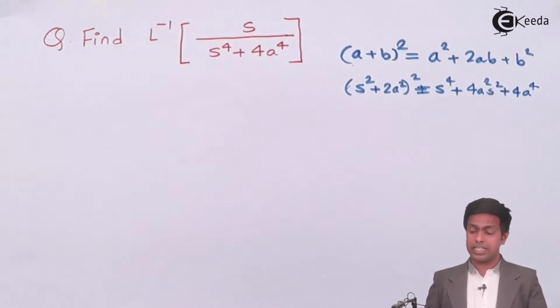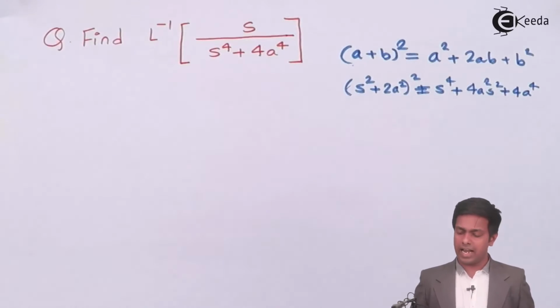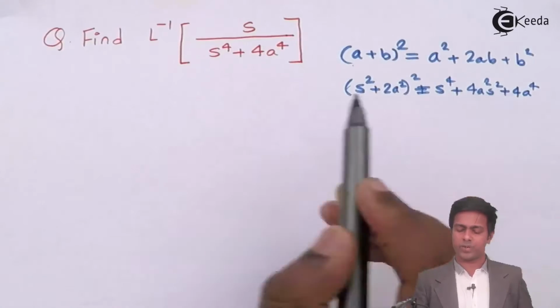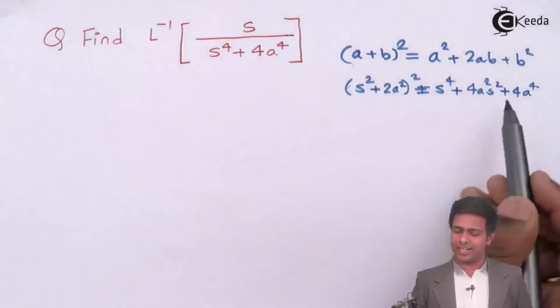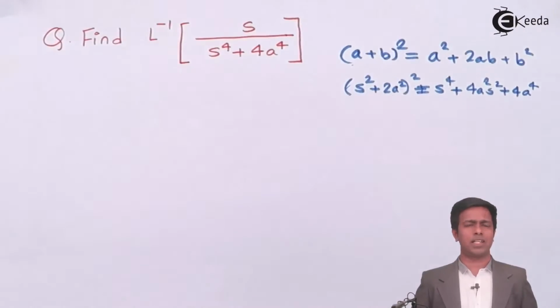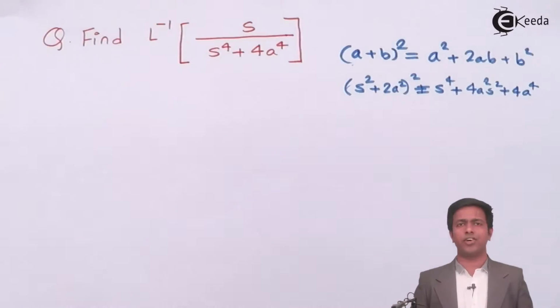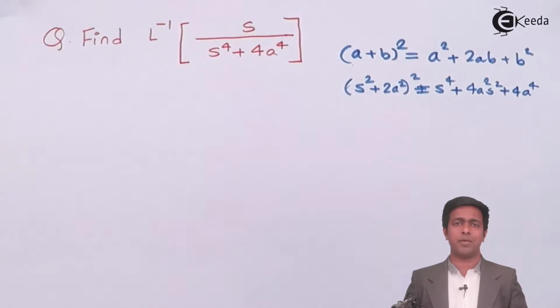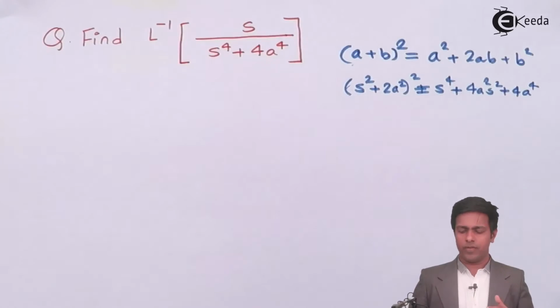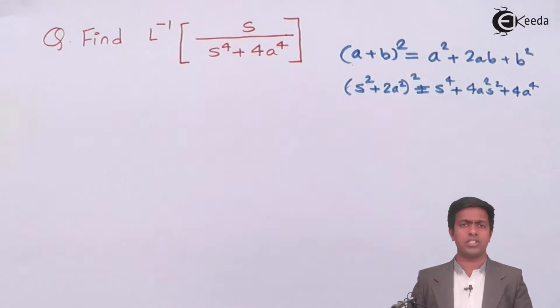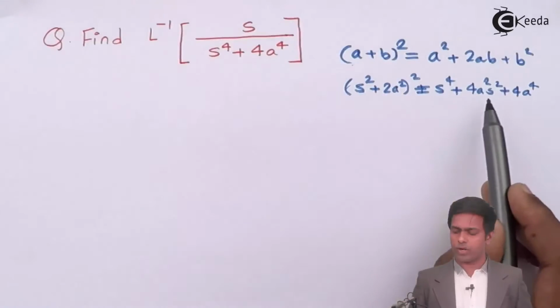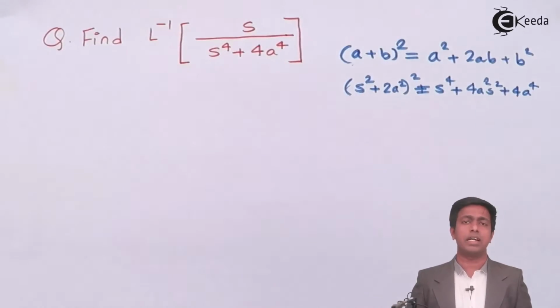For this reason I am going to add 4a square s square so that I can get this formula. But we know the mathematical rule that if we add some term to the given function, we have to subtract the same term so that we get the original result. That is why I will add and subtract 4a square s square in the denominator.